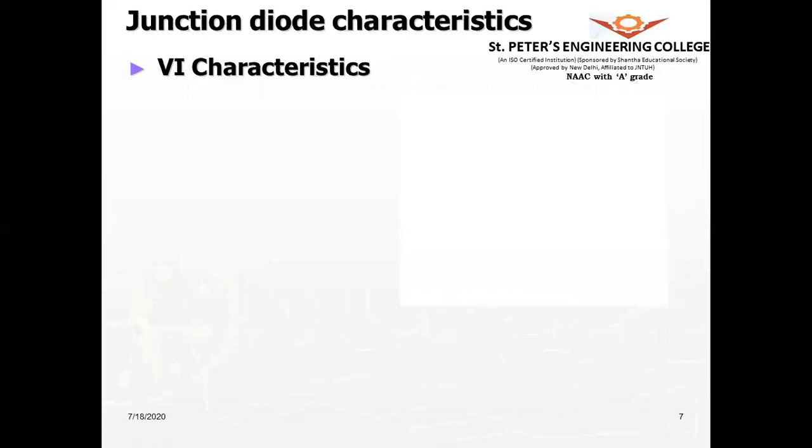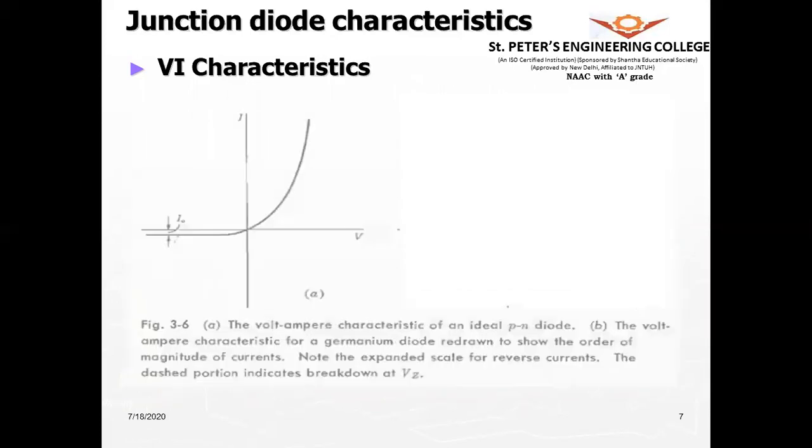Okay, now let us look into the actual VI characteristics, that is the voltage and current characteristics of the junction diode. When the PN junction is forward biased, we see that the current rises in an exponential manner.